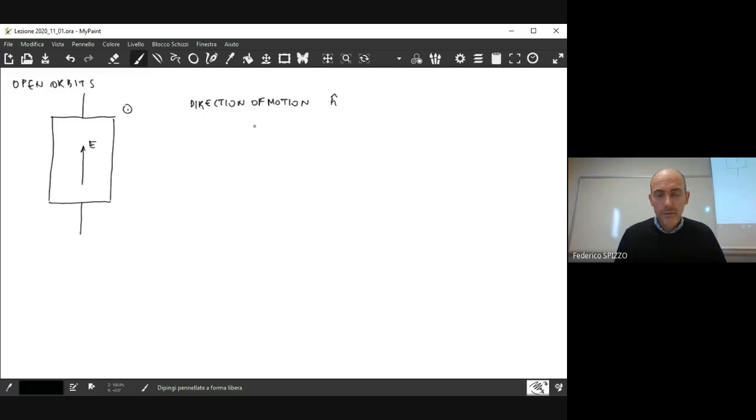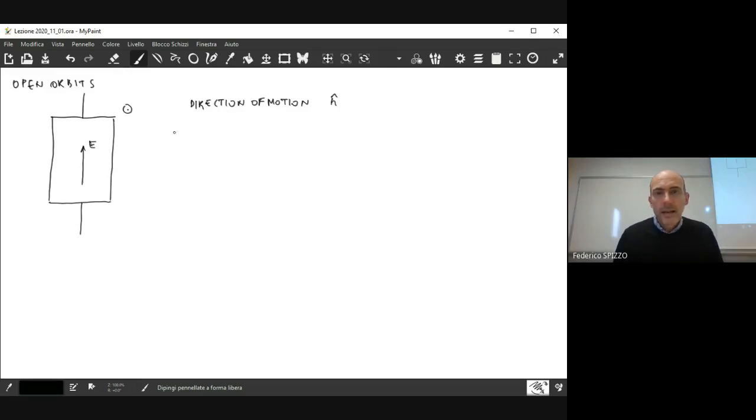Please, just to clear the thing, when I mean the direction of the open orbit, I do not mean in the reciprocal space, I mean in the direct space. So n represents the direction that is rotated by 90 degrees with respect to the direction that you have in the reciprocal space. So n is an orientation in the direct space.